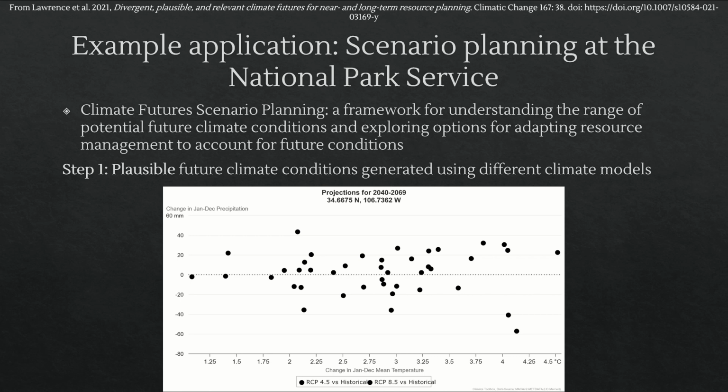In this case, we have change in January to December mean temperature along the bottom here, from 1.25 all the way up to 4.5 degrees Celsius. And then along this side, we have change in the precipitation in millimeters, all the way from a loss of 80 to a gain of 40. So pretty wide there. And then the climate models spit out all of these.